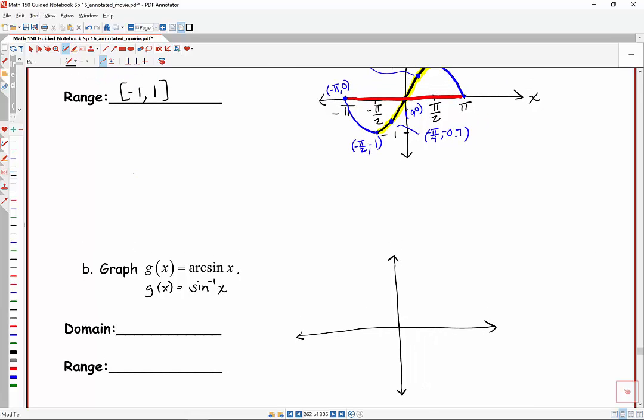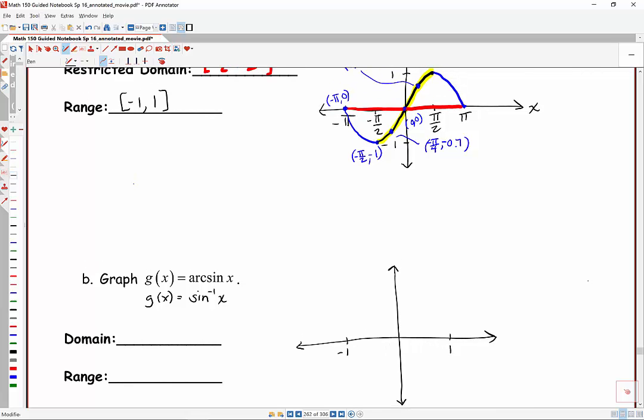The input is now going to be going from -1 to 1, because that was the range of the original function. And then we restricted the domain from -pi over 2 to pi over 2. And we'll put in a pi over 4 and a -pi over 4 here. So this will be x and this will be g at x.